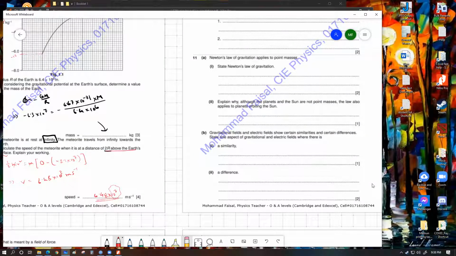A point mass and a spherical mass beyond the border of the sphere produce identical gravitational fields. This is usually the type of expression that the examiners appreciate.